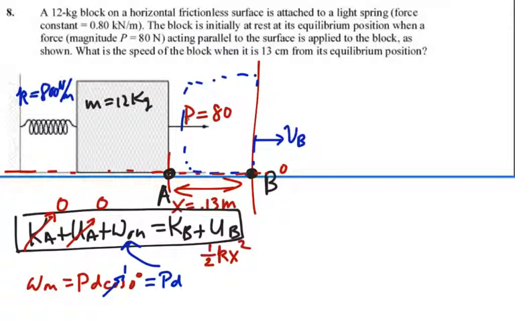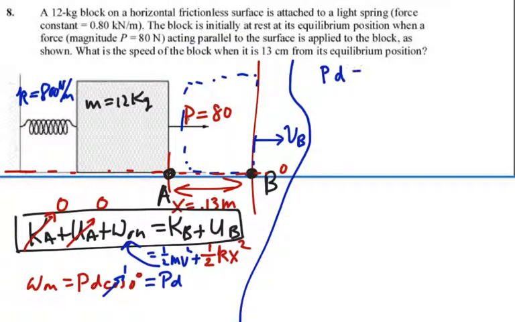And of course kinetic energy is 1/2 mv squared. So putting all this together, we now have that the work along the way, P times D, is equal to 1/2 mass times the velocity at point B squared plus 1/2 kx squared.